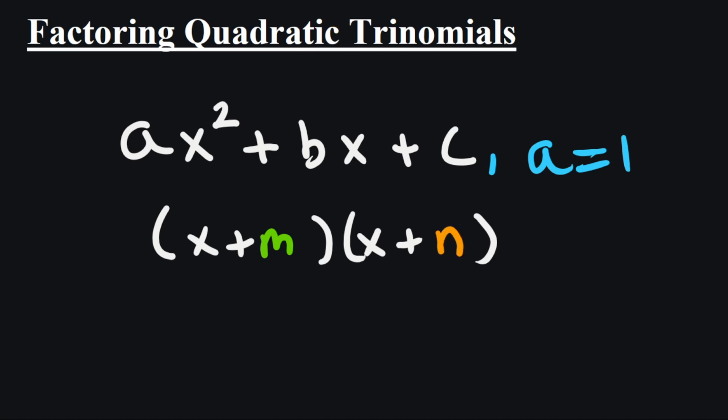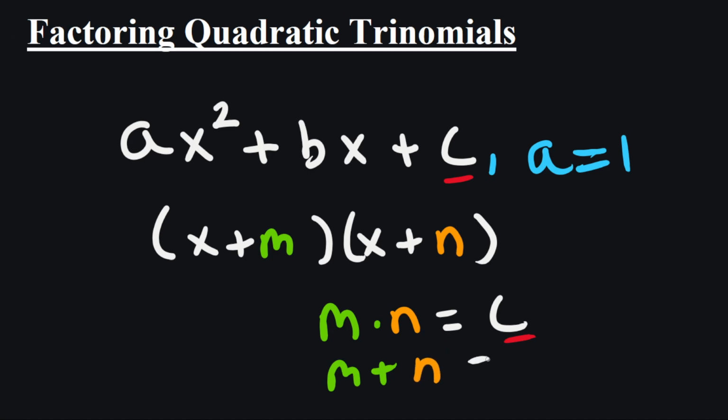And we want to find two numbers where m times n equals c. So this c up here. And m plus n equals b. So this b up here.